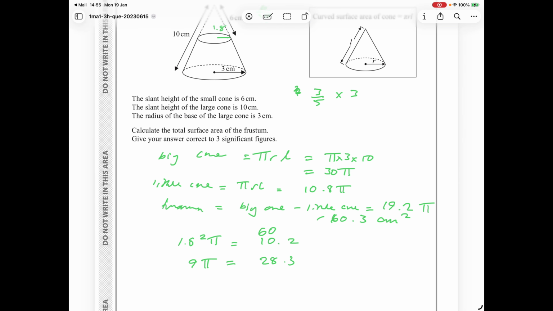And if we add those all up, we get 98.8 centimetres squared. There we go, because you do need to remember all the bits.